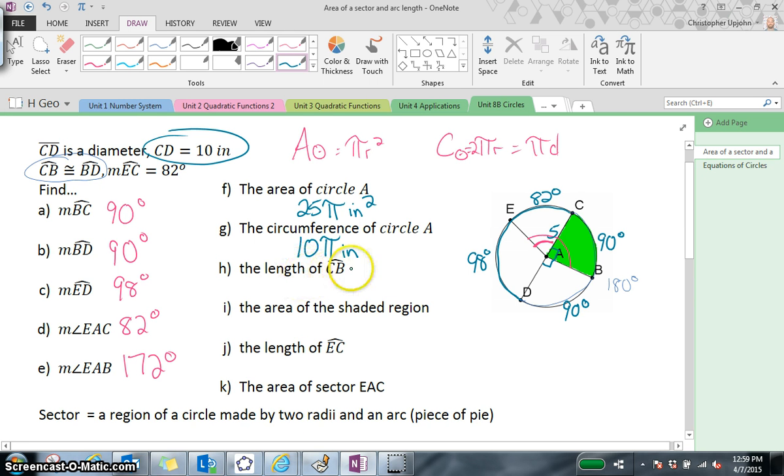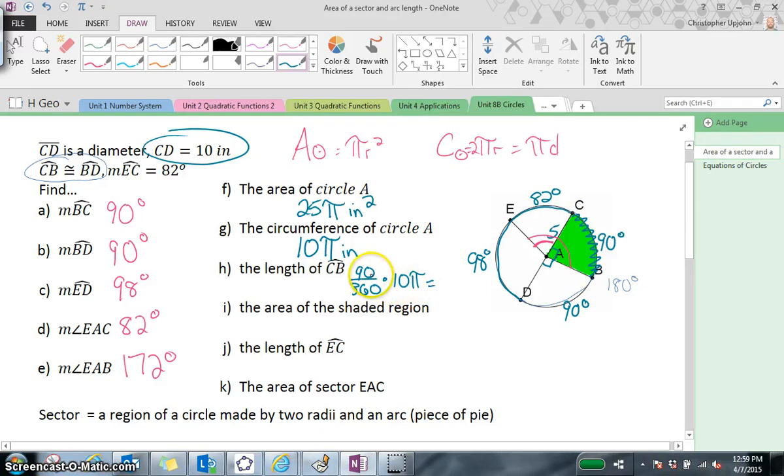Now the length of arc CB, that's just this part here. Well, we know that the measure of the arc is 90 degrees, so 90 out of a possible 360 times our total circumference, 10 pi, will give us how much of our circle that is. Our circumference is all the way around. We just want to find this part of it. 90 out of 360 is 1/4.